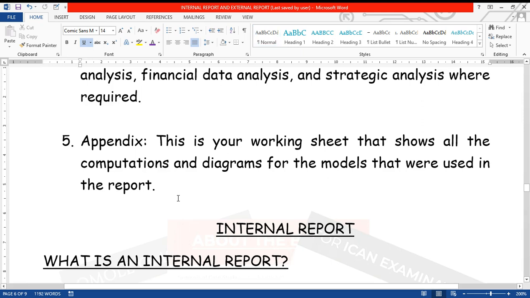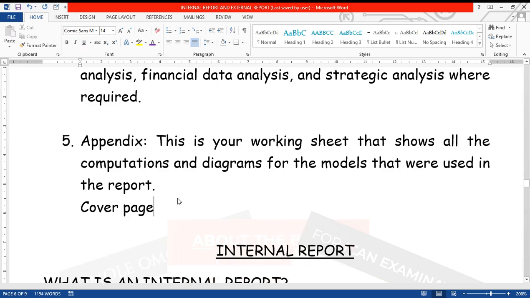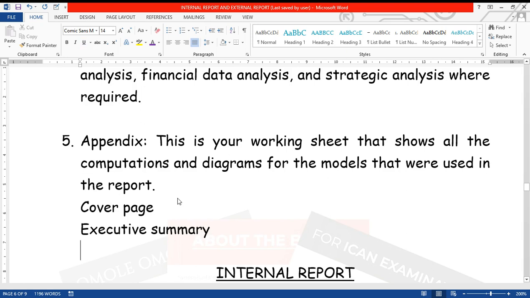So now let's have it here. Like we said, the first thing is your cover page. Then after your cover page, you go to your executive summary. After the executive summary, you can have your introduction.